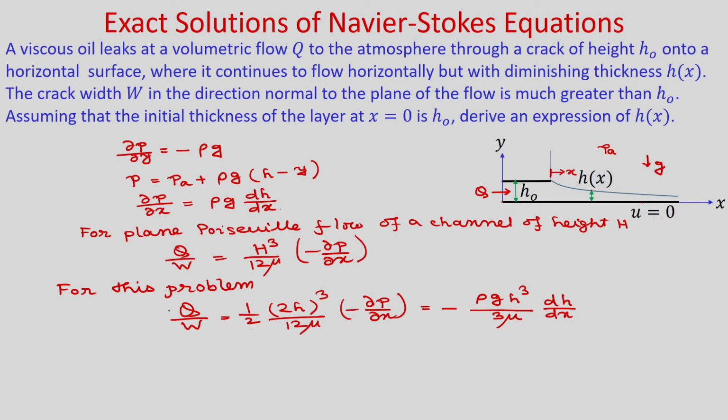So, now using this expression you can integrate it, and after putting this boundary condition at x equal to 0, the height is h naught. So, we can find this height as a function of x. If you rearrange it, you will get minus h cube dh is equal to 3 mu by rho g q by w into dx. Okay. So, this we have just rearranged and written.